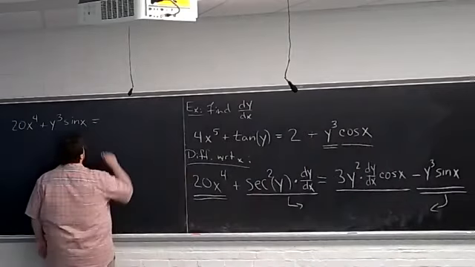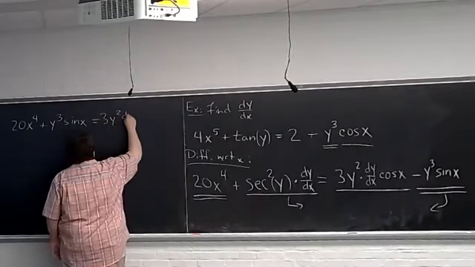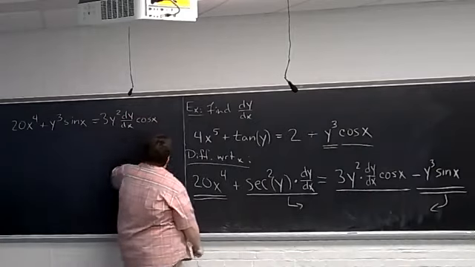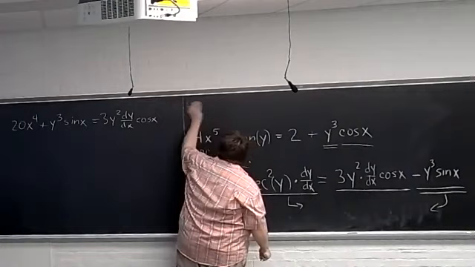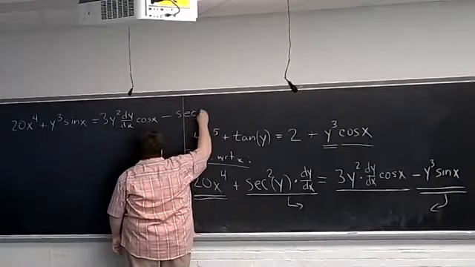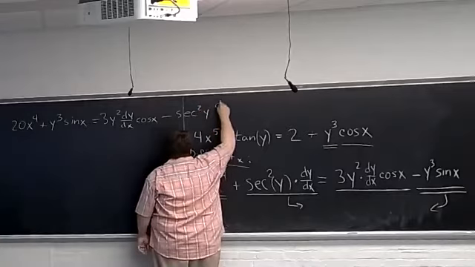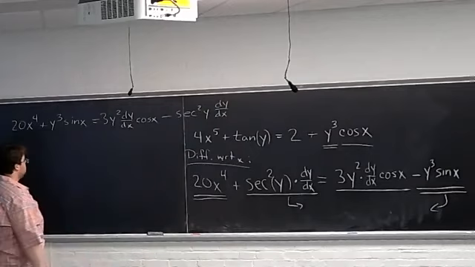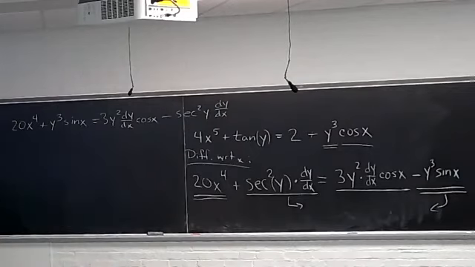And what do we get? 3y squared dy/dx cosine x, negative secant squared of y dy/dx. So put all the dy/dx's on one side, put all the other things on the other side. And now what can we do? We can factor and divide. Any questions about that first step in simplification?